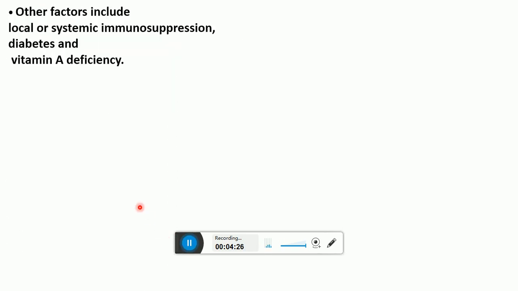Other risk factors are local and systemic immunosuppression, diabetes, vitamin A deficiency. So, bacterial corneal ulcer should be excluded in a patient who wears contact lenses and presents with a painful red eye and blurred vision.